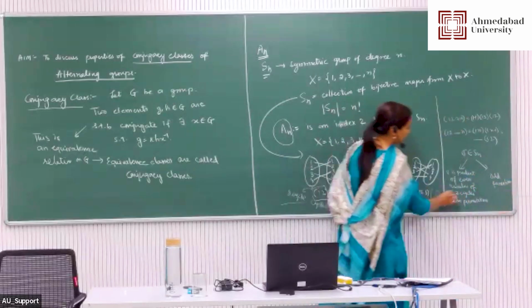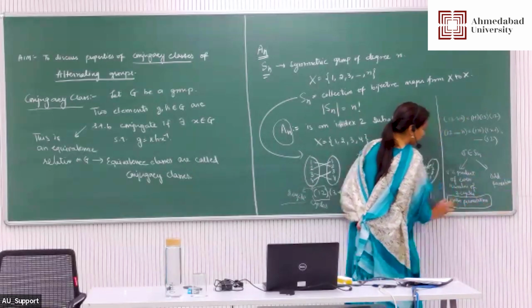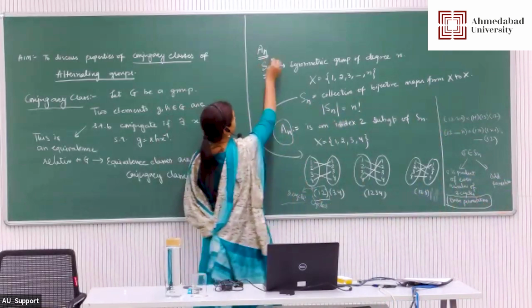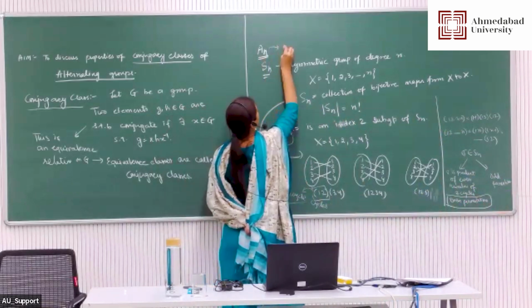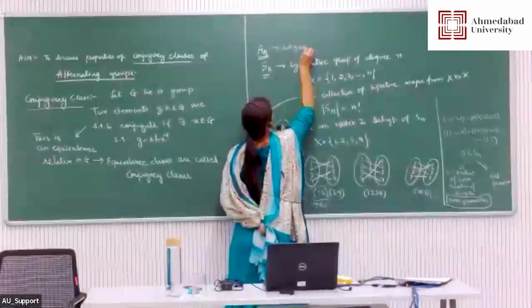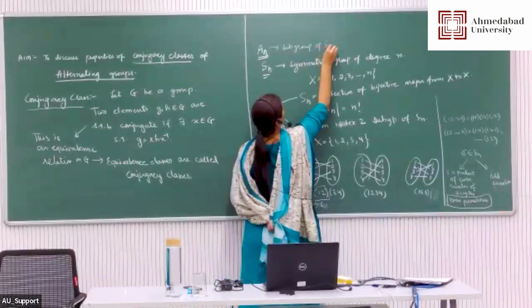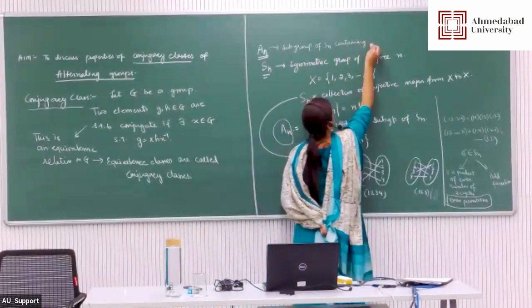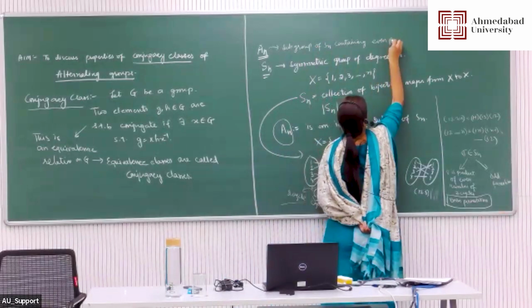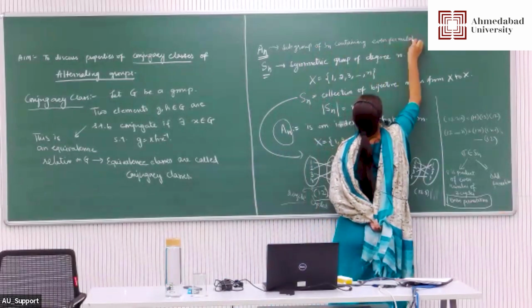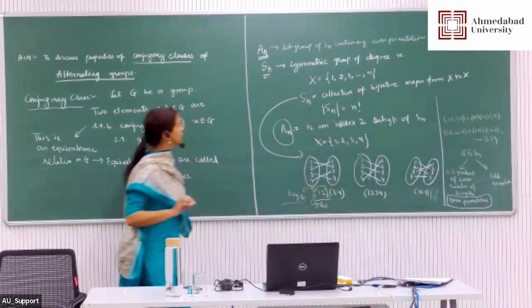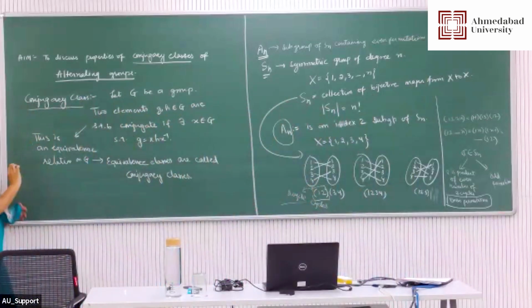If you take the collection of all even permutations, that forms a subgroup of S_n, and that subgroup is called the alternating group. Okay, this is a subgroup of S_n containing even permutations. So with this, I completed defining the two terms in my title, conjugacy classes and alternating groups.